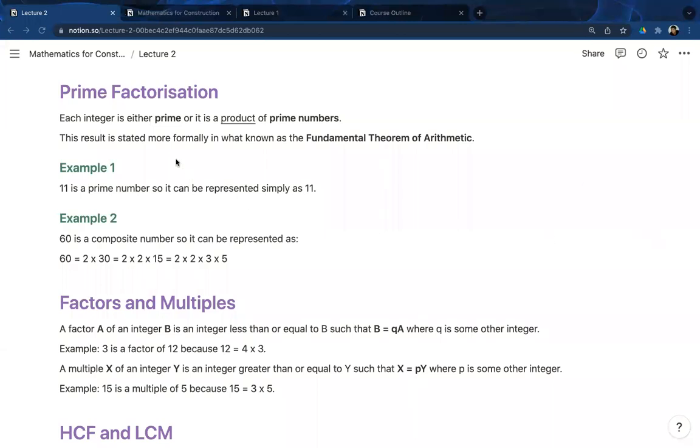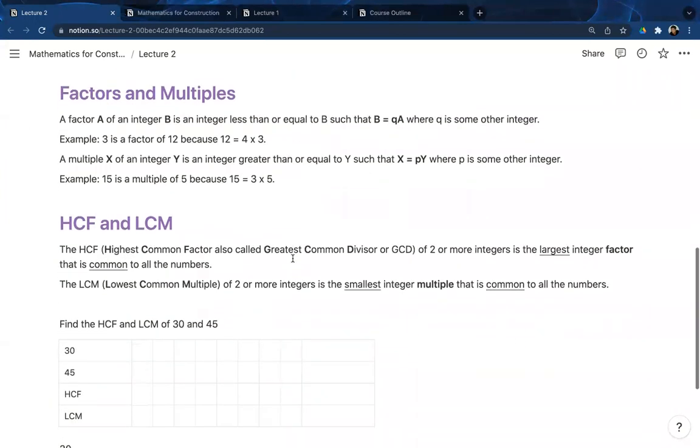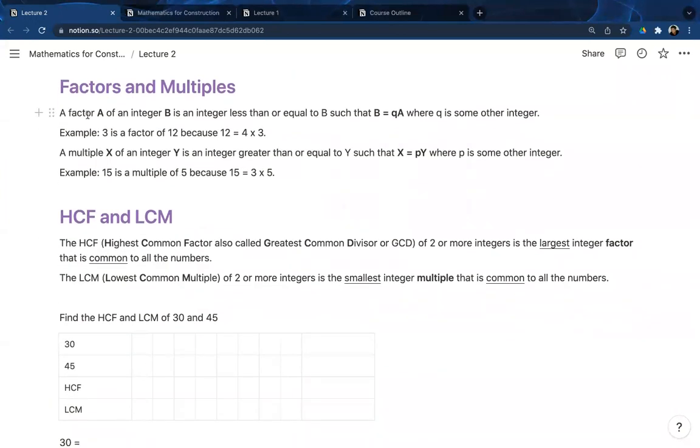So after prime factorization, we want to talk about factors and multiples, okay? So what is a factor and what is a multiple? These things are defined for integers, okay? Whole numbers. So A is a factor of integer B if B is equal to A times something, okay?